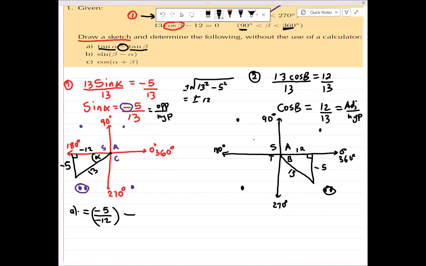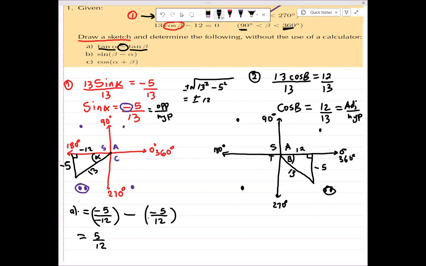Then now we're going to look at tan B. So we have to look at this quadrant. Tan B in this quadrant is negative 5, which is my opposite, over adjacent, which is 12. And then here, this negative will cancel that, so I'm going to have 5 over 12.